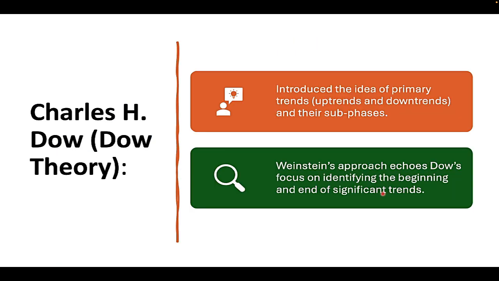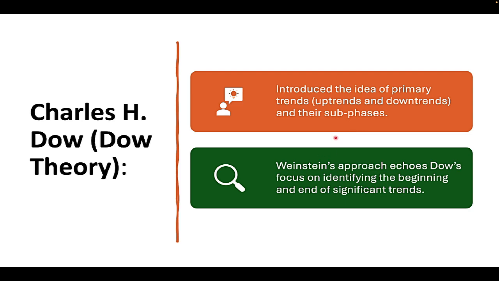And similarly, Charles Dow introduced the concept of primary trends, that is uptrend, downtrend, higher highs, higher lows. And every uptrend and downtrend has sub phases. Like an uptrend might have a minor downtrend inside it.